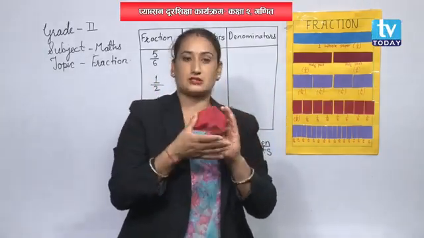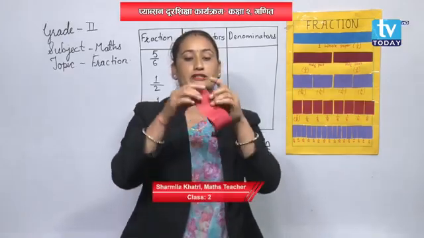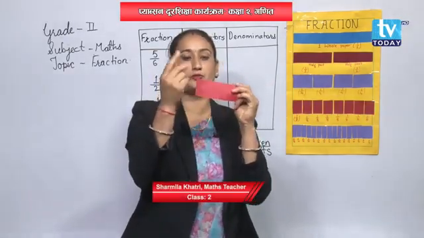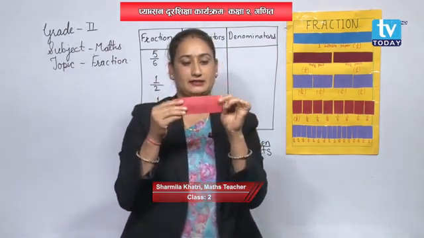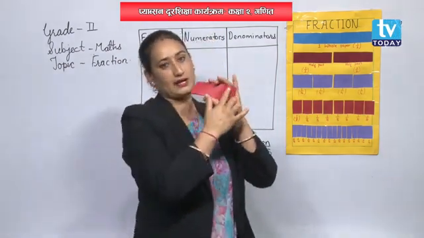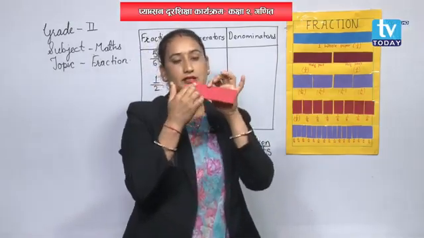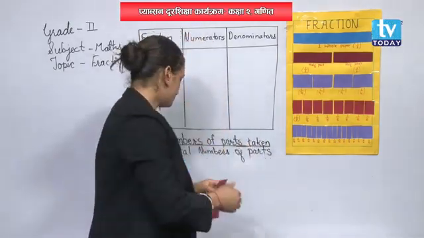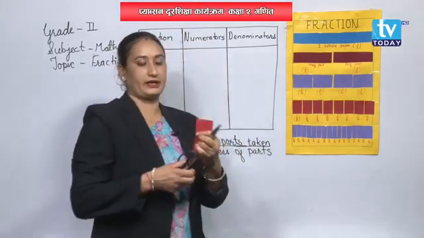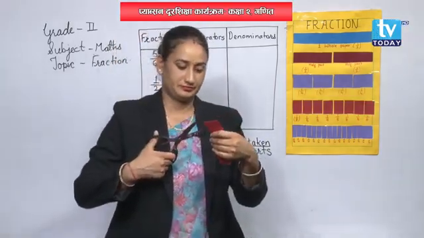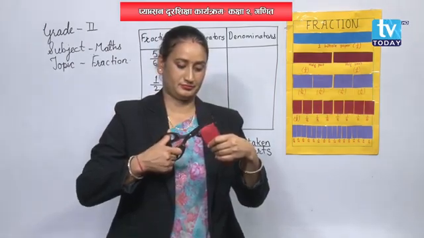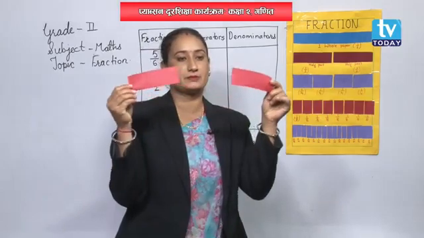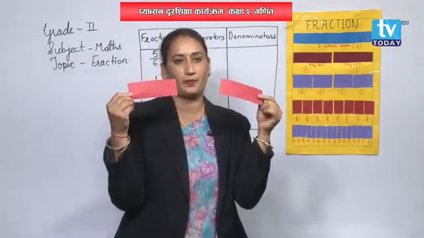Just like that, if you fold this paper in the middle into 2 parts, equally, this is the first half and this is another part. I am going to tear this one. See here. Okay students, I have cut this paper into 2 halves.